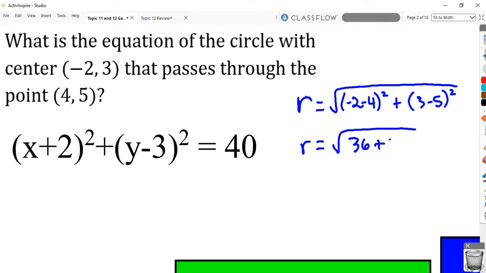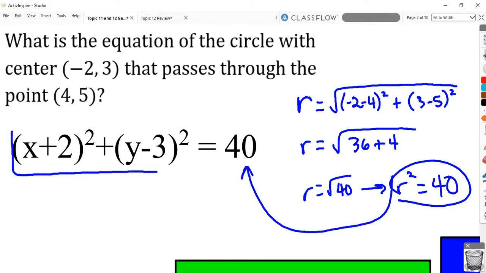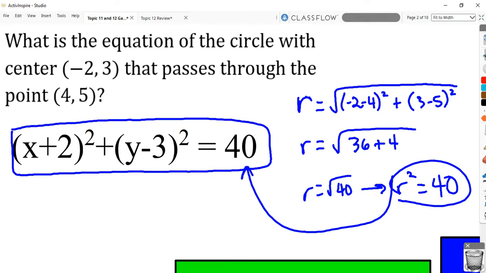Becomes -2, so it's 4. r equals the square root of 40. That's the radius of this circle. So if we had r squared, it's just 40. That's where this thing right here comes from. So that's your answer. Because of our coordinates, we've got +2 and -3 in the equation, and because of that distance, we've got 40 on the other side of the equal sign.